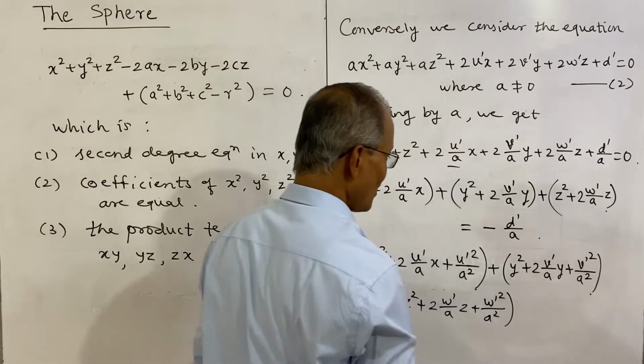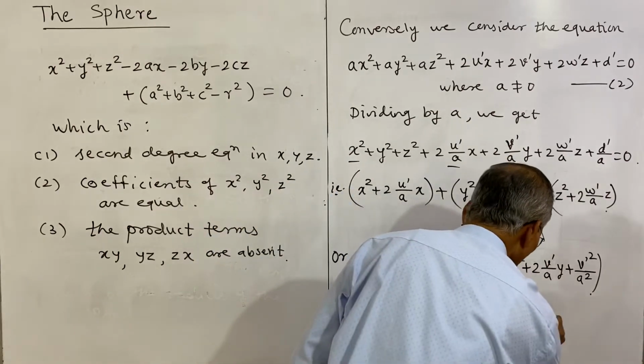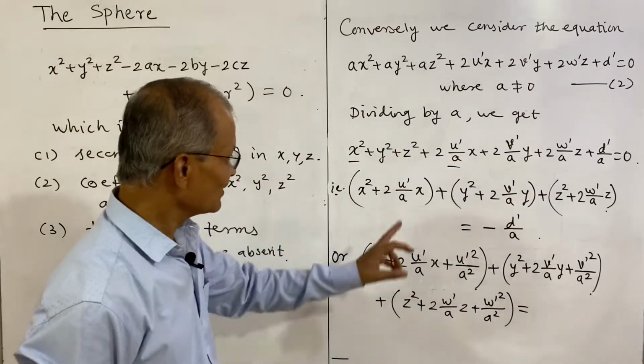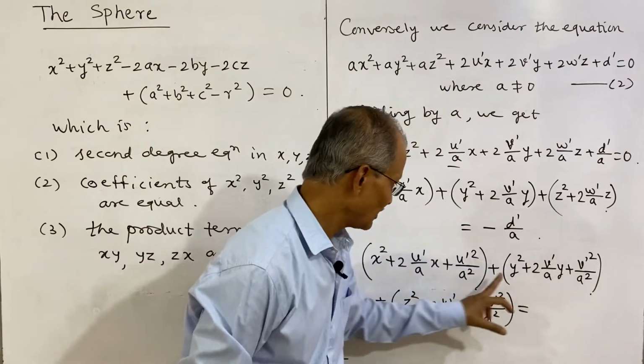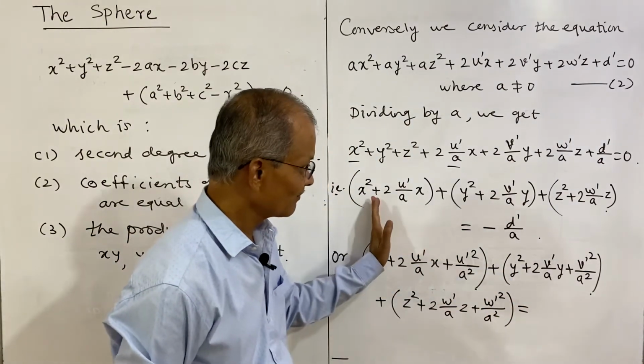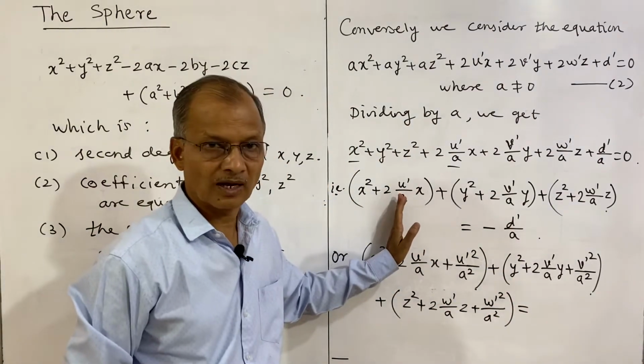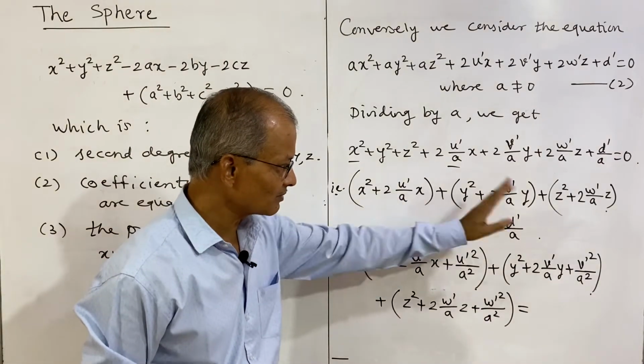And now the same terms are to be added on the right side. We have added the third term in each bracket on the left side, which was not there before, and therefore we have to add these terms on the right side also.